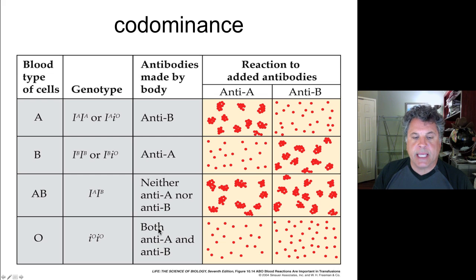You make antibodies against both protein A and protein B because you don't see either of those proteins on your blood cells, and therefore you would recognize protein A or protein B as a foreign substance and make antibodies against them. And of course this has implications for transfusion purposes.